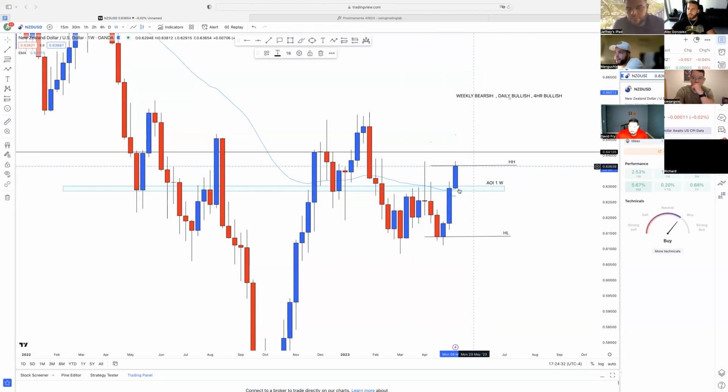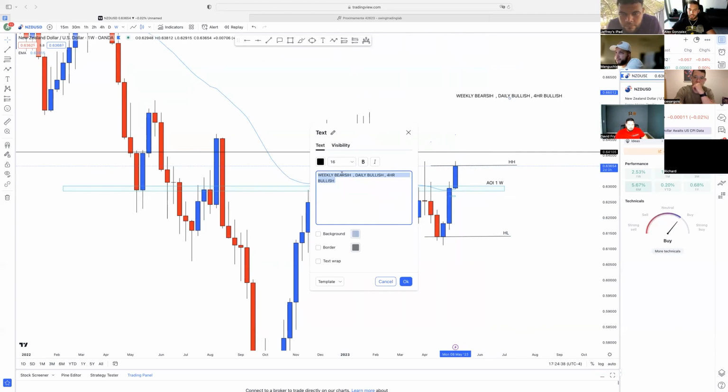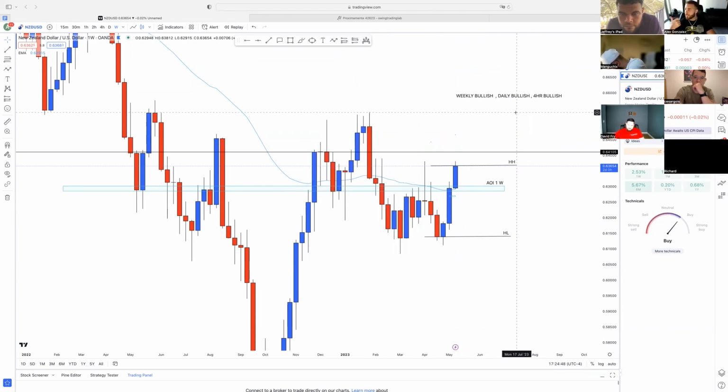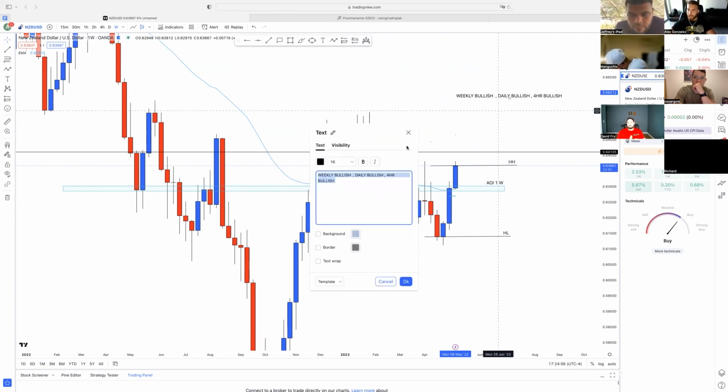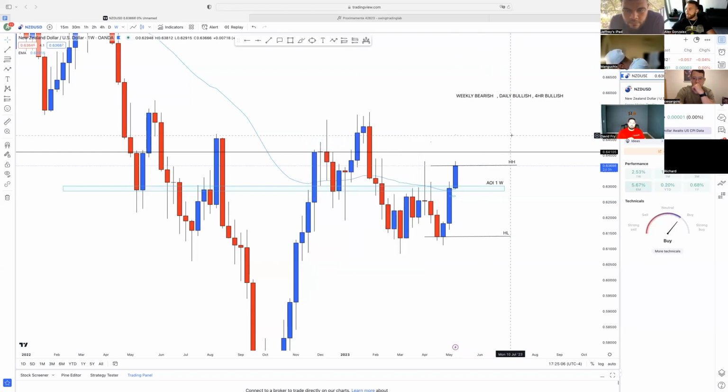Right now, we're looking for a weekly area of interest because the weekly is bullish. So we look for an area of interest on the weekly and the daily to see if we can get both to align and make one solid area. But if we don't have the weekly with it, then we only look for an area of interest on the daily, because we only look for areas of interest on the weekly or the daily. If that makes sense, type 1. If it doesn't, type 2.